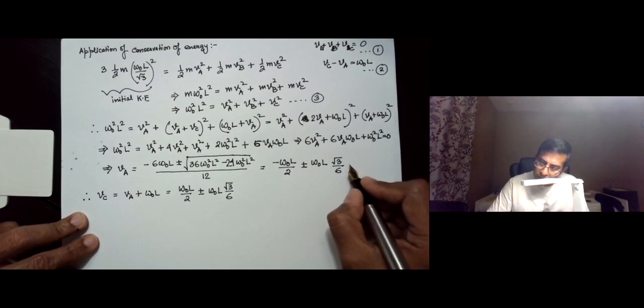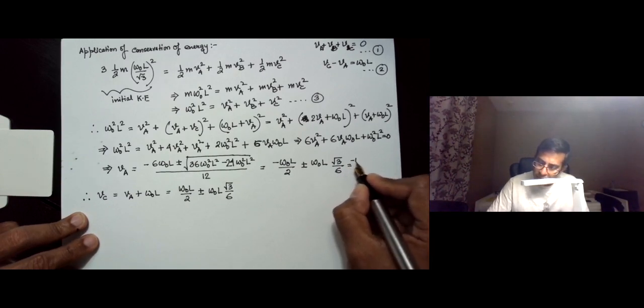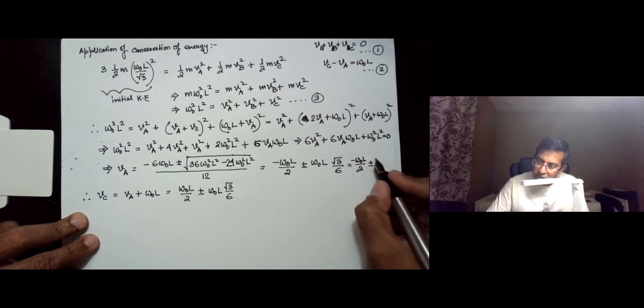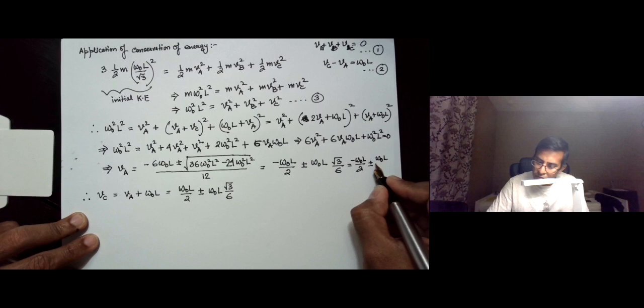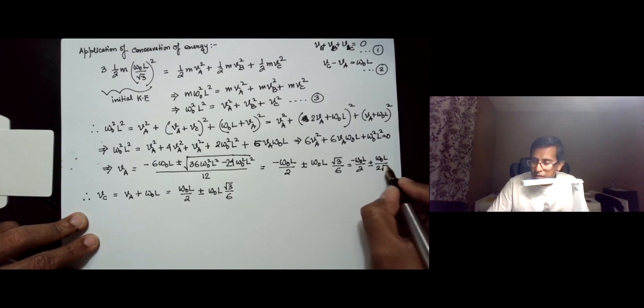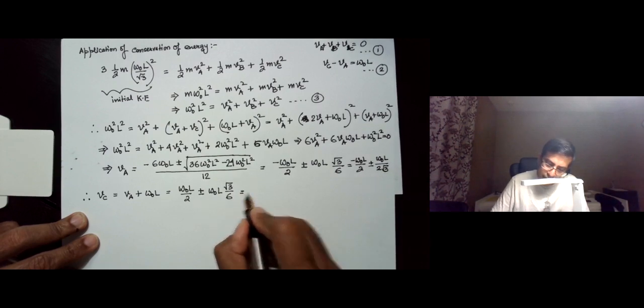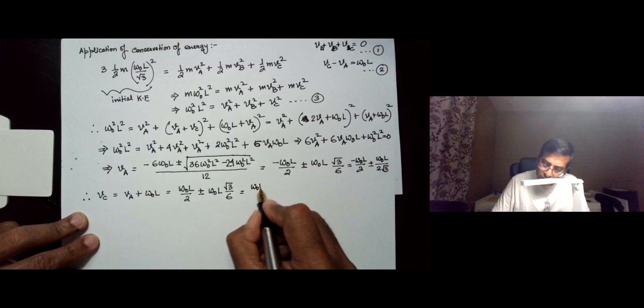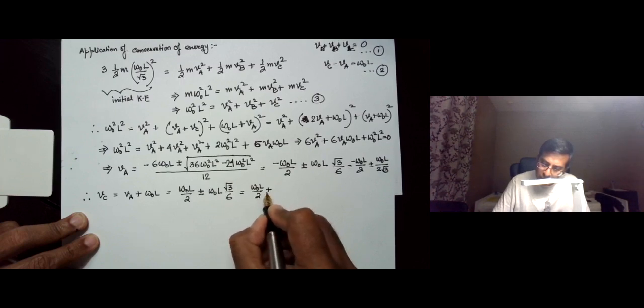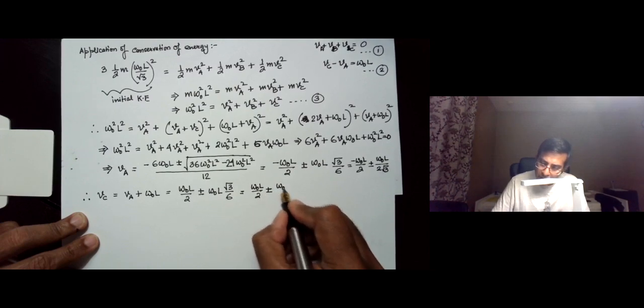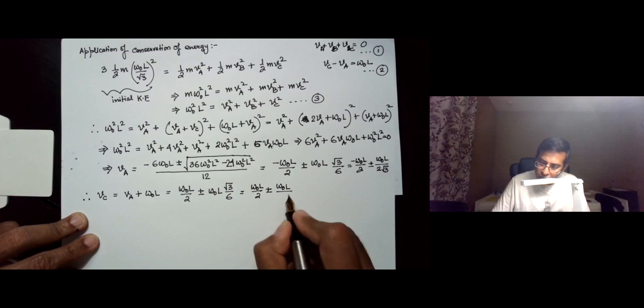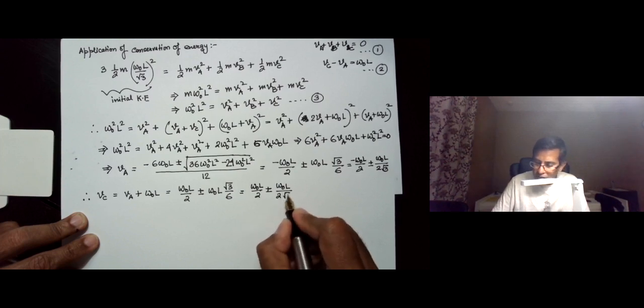So I'm going to just express it that way, minus omega naught L over 2 plus minus omega naught L over 2 square root 3. And so here we'll have omega naught L over 2 plus minus omega naught L over 2 square root 3.